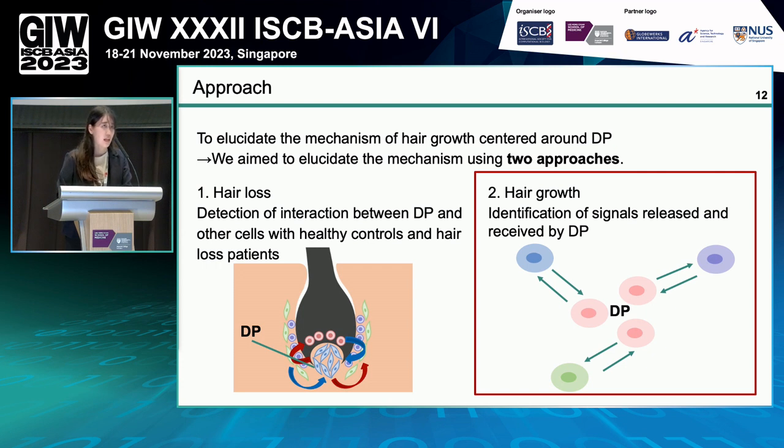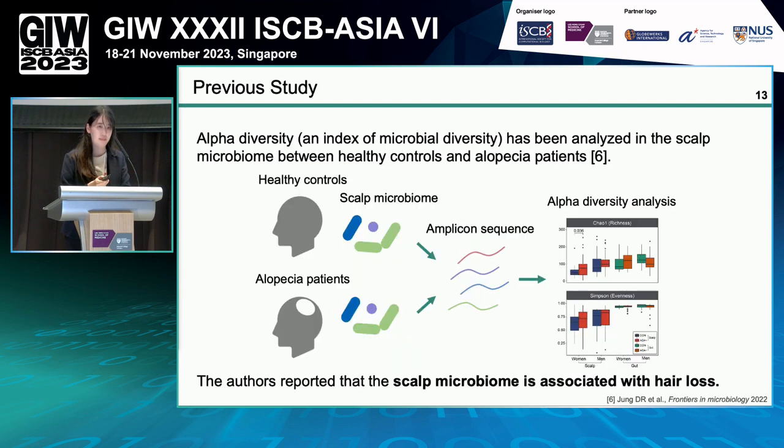Next, I will explain the previous research methods and results of the second approach. Identification of signals released and received by DP. Alpha diversity, an index of microbial diversity, has been analyzed in the scalp microbiome between healthy controls and alopecia patients.